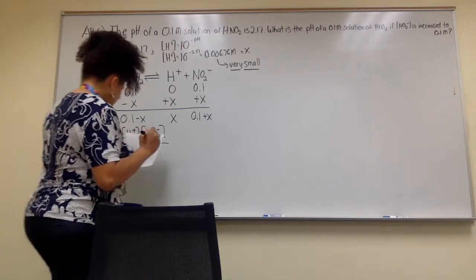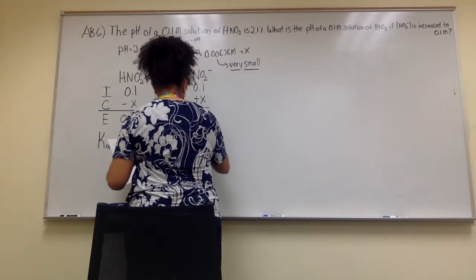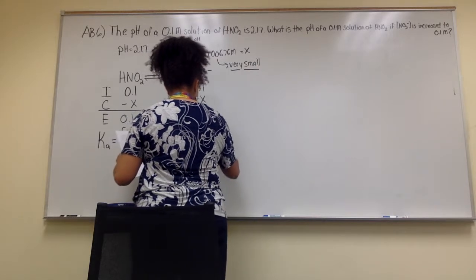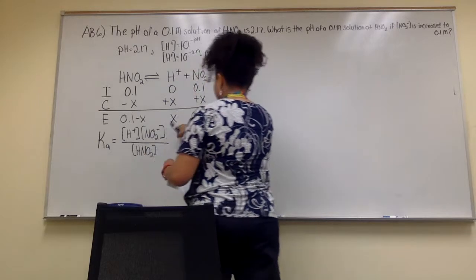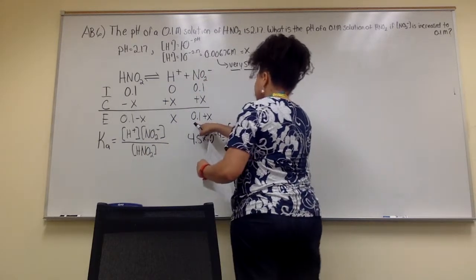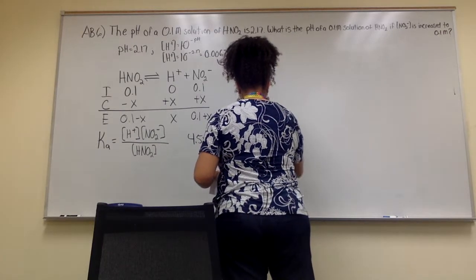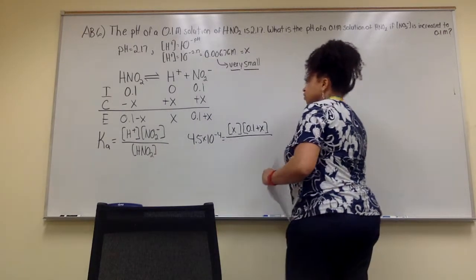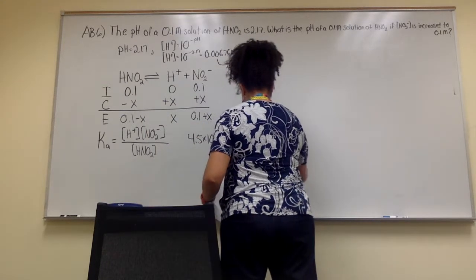And so that leaves us with Ka being 4.5 times 10 to the minus 4 equaling x times 0.1 plus x, all over 0.1 minus x.